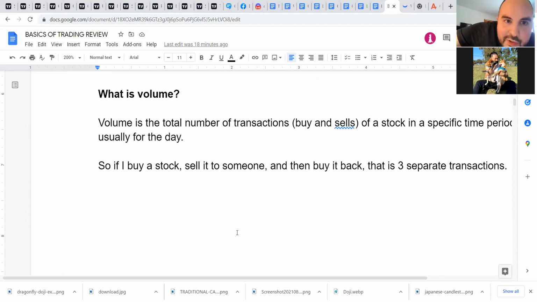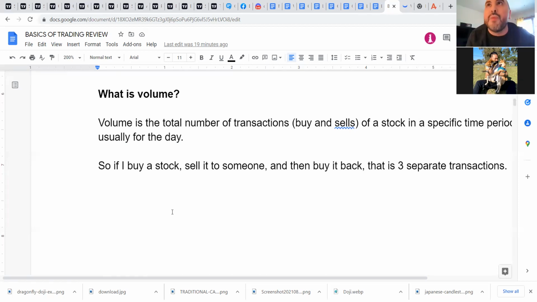Volume. Very simply, volume is the number of transactions, buys and sells of a stock, usually for the day. So obviously it gets back to different charts, different time periods.